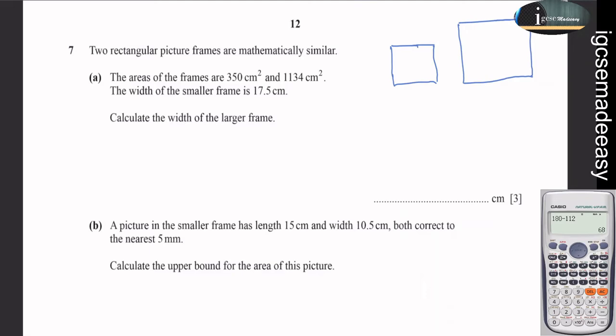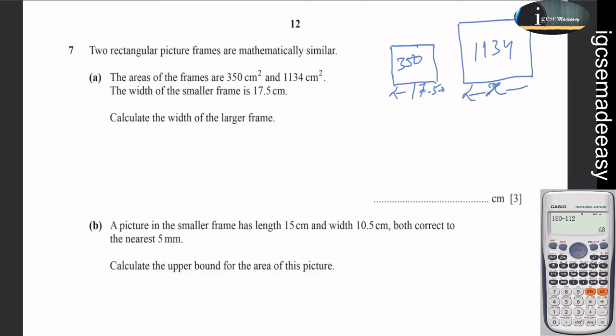The area of one of the frames, the smaller frame, is 350, and the larger frame is 1134, and the width of the smaller frame is 17.5. What will be the width of the larger frame?